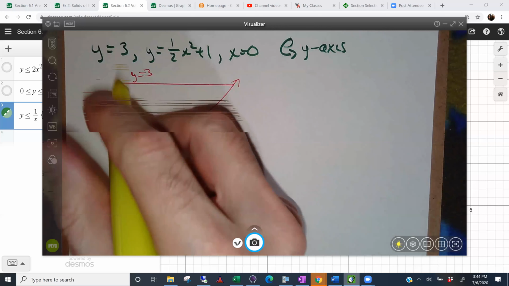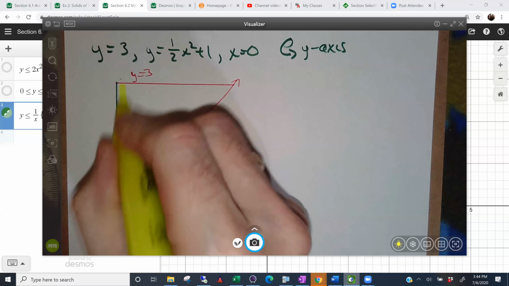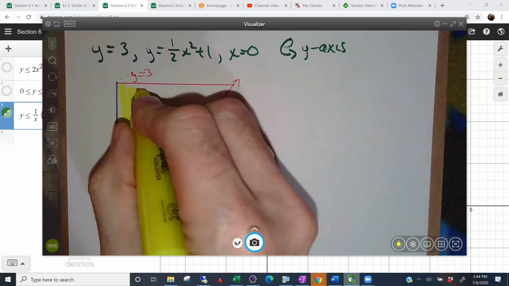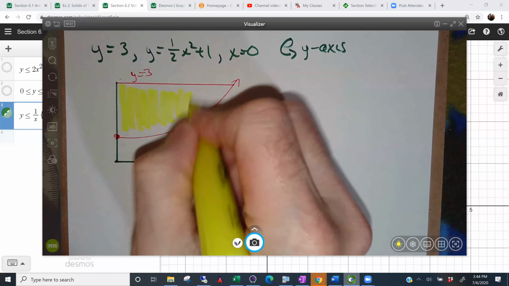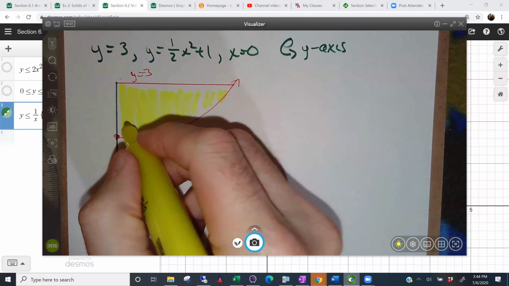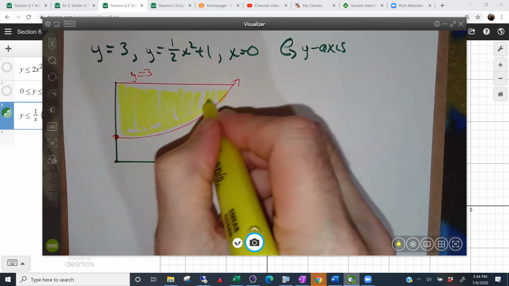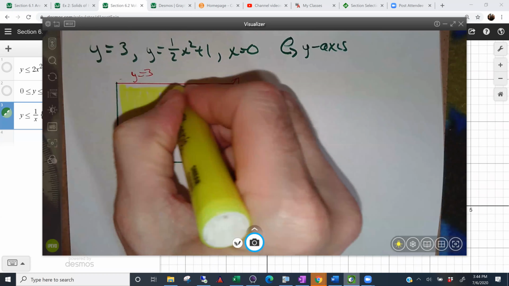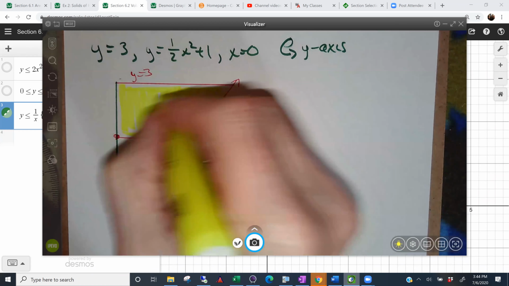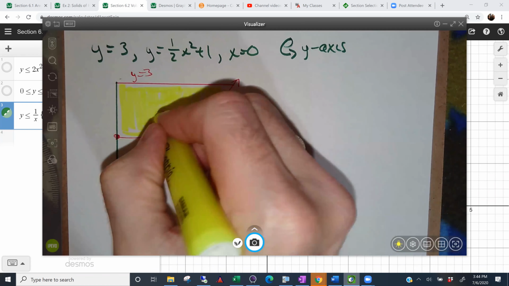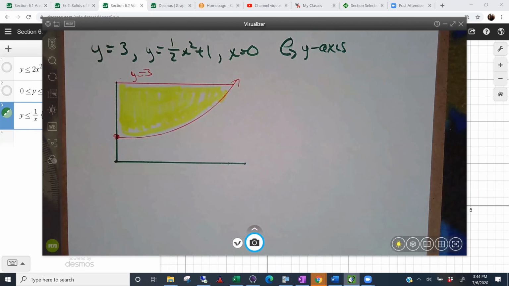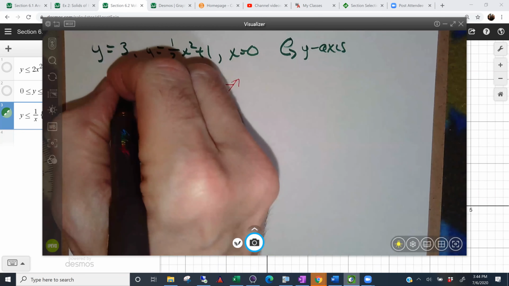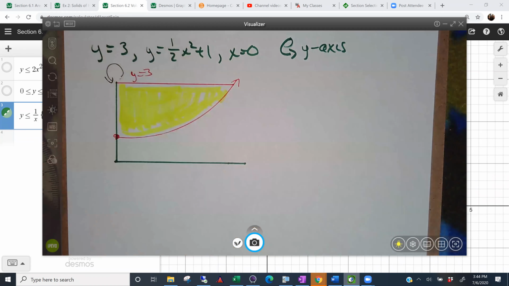And the area between is going to get rotated around the y-axis. Good enough. Like I said, we're going to rotate this around the y-axis.